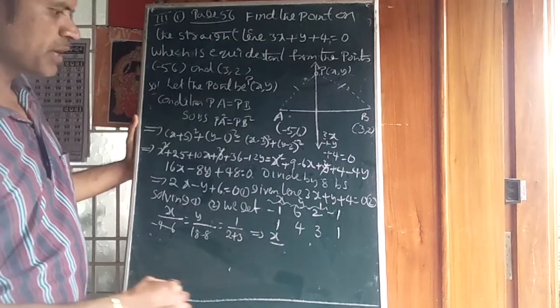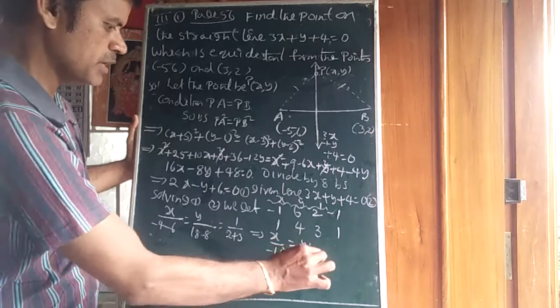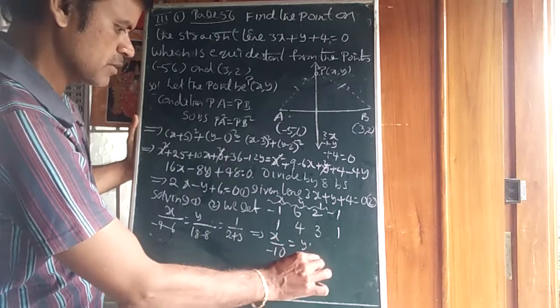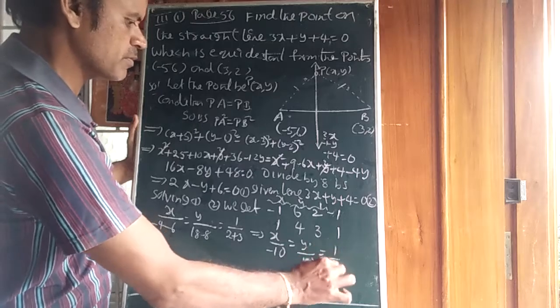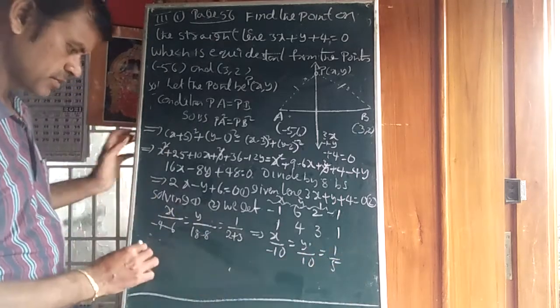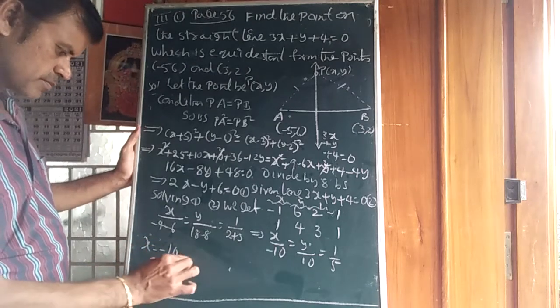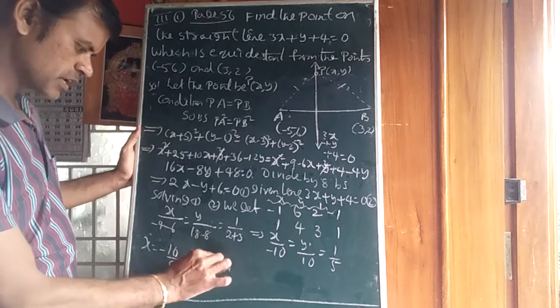That implies x by minus 4 minus 6 becomes minus 10, equal to y by 18 minus 8 becomes 10, equal to 1 by 5. Therefore x equal to this by 5 and this by 5 you should write. x is equal to minus 10 by 5, comma y is equal to 10 by 5.